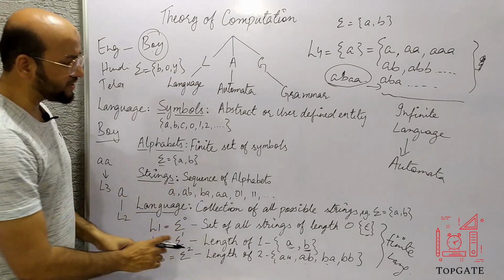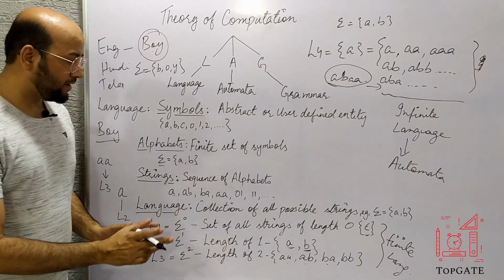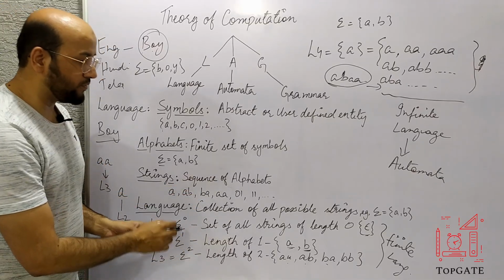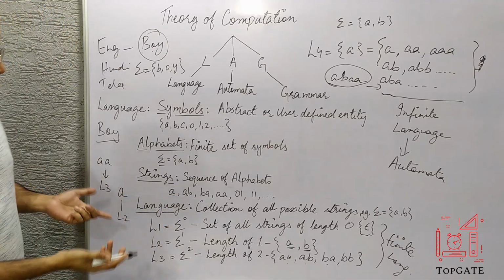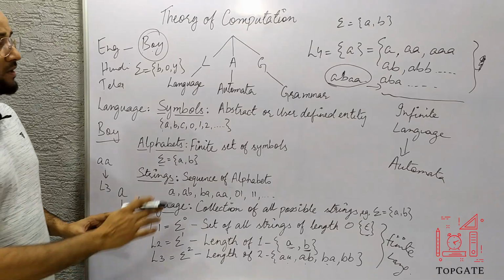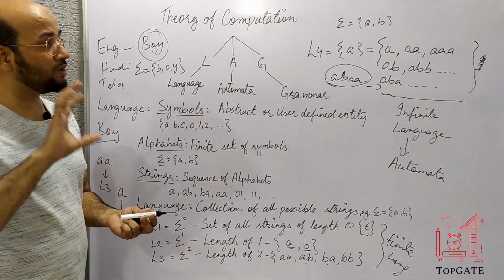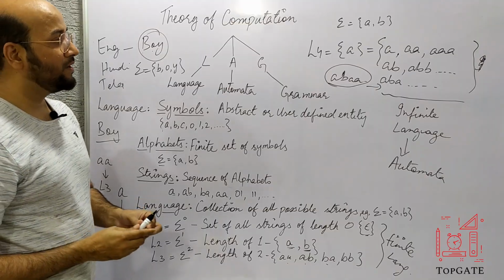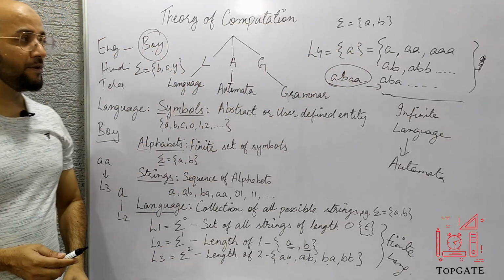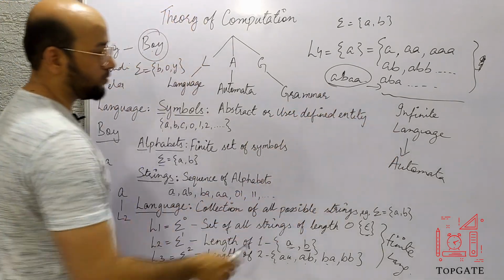For a finite language it is very easy. We just store all the possible words in the finite memory and compare the word with all the stored words. If there is a match, then that word is part of that language. But if the language is infinite, it is not possible to store all the words in memory, so it is not possible to compare. For this, we use an automata.